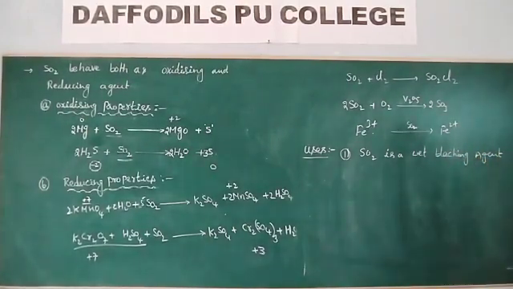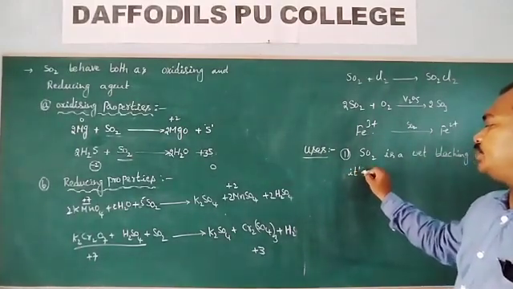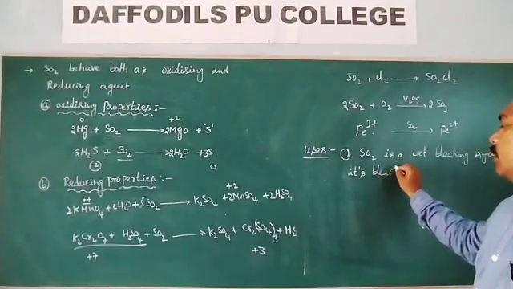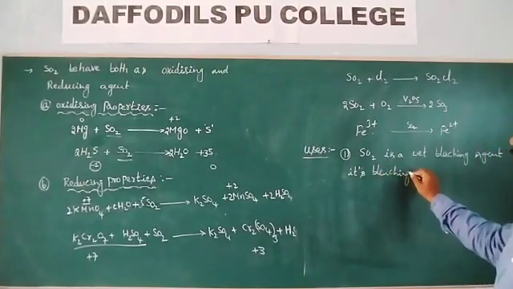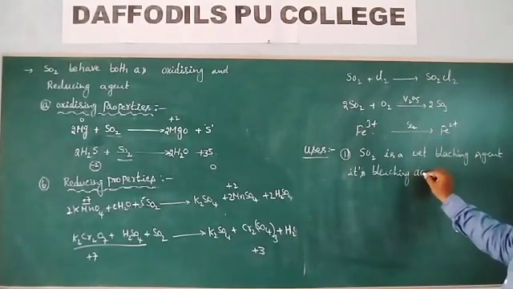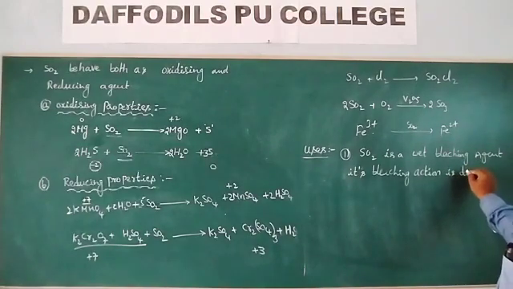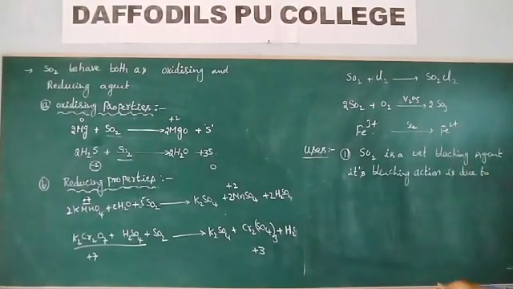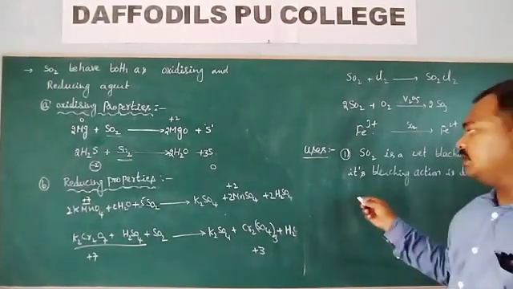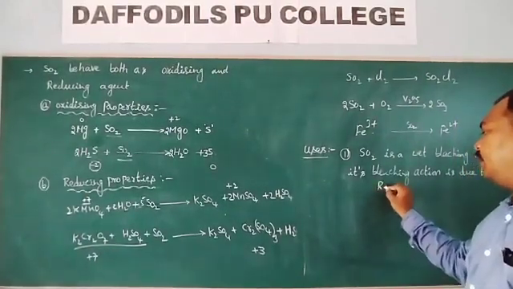Sulfur dioxide is a wet bleaching agent. Its bleaching action is due to reduction.